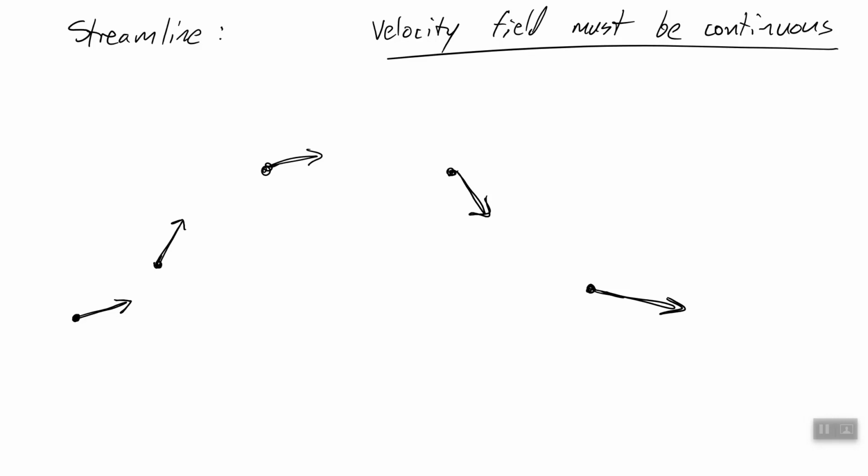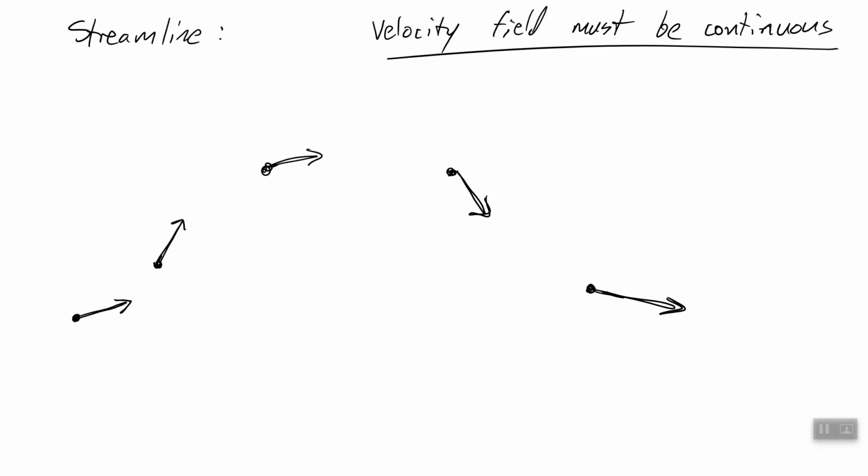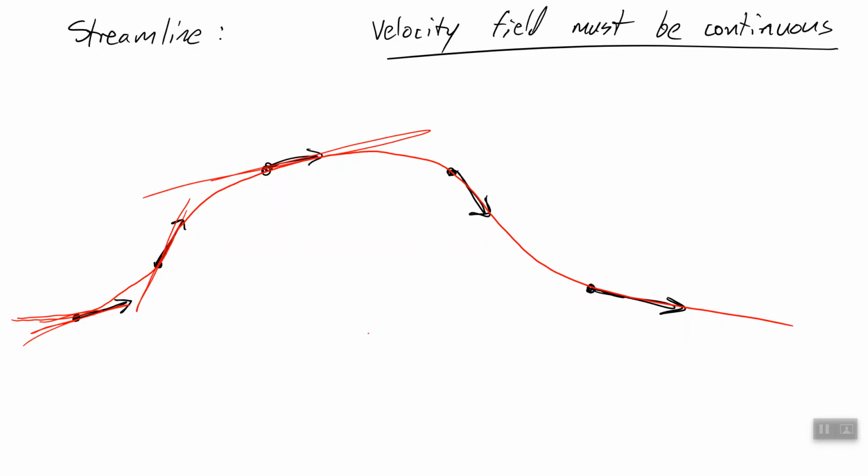But for now, we will say that. So we're going to say the velocity field should be continuous, which means we should be able to draw a line connecting all of these vectors together. So we're going to draw it like this. So see how I've drawn a line that is tangent everywhere to the velocity field. I'm sorry, to the vectors.